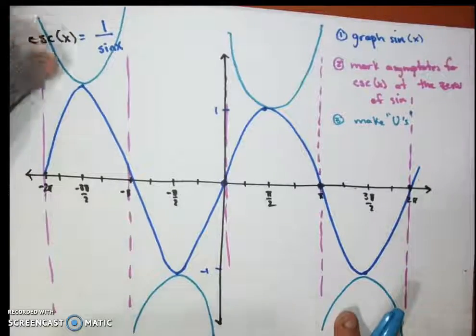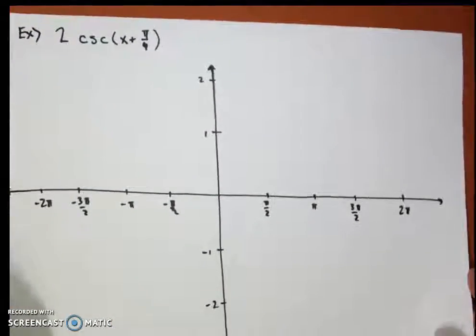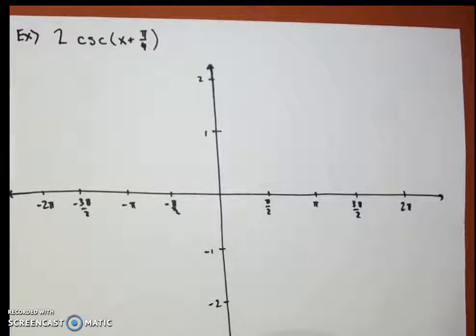So let's do one final example, a trickier one. Let's say that I want to graph 2 cosecant of x plus pi over 4. In order to do this, I want to use those same strategies, so cosecant is 1 over sine.